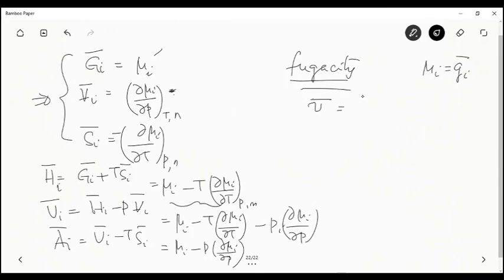So this will be del mu by del P at constant T. The I is not required when we are writing about a pure substance, so this I can be removed. So we'll start from this and discuss pure substances first.